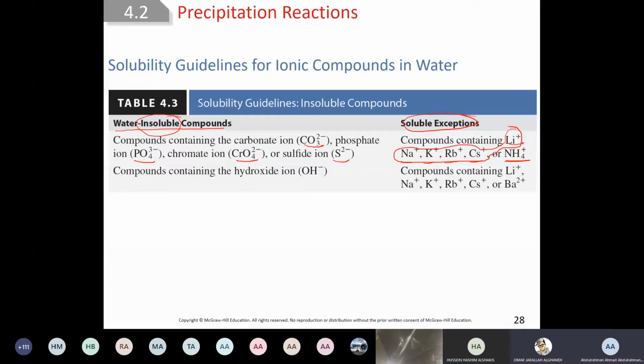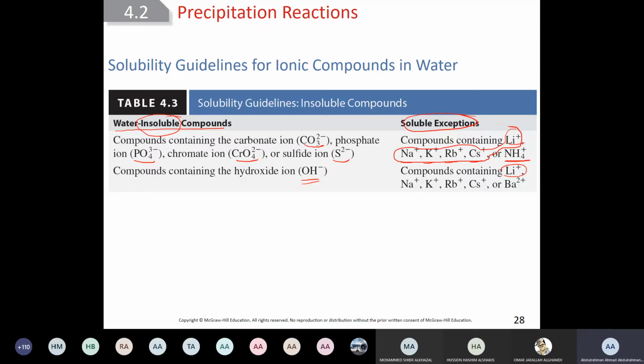With hydroxide, things also will not dissolve, except if there is lithium, sodium, rubidium, cesium. What are these?